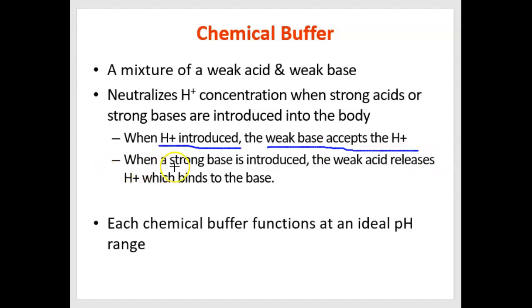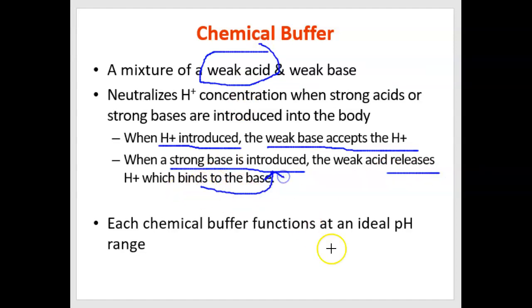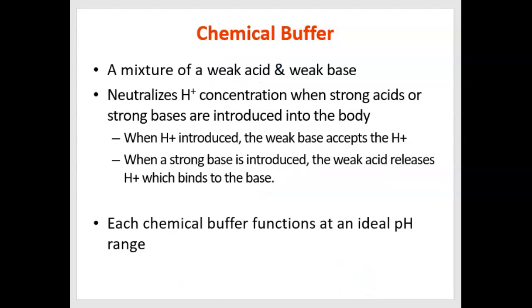When a strong base is introduced, in contrast, that weak acid will release a hydrogen ion and bind to that particular base. Okay? And so it changes the amount of base that's in the solution, and will actually lower the pH because hydrogen ions have been released. So each chemical buffer functions within an ideal pH range, and we'll talk about that in more detail a little bit later.